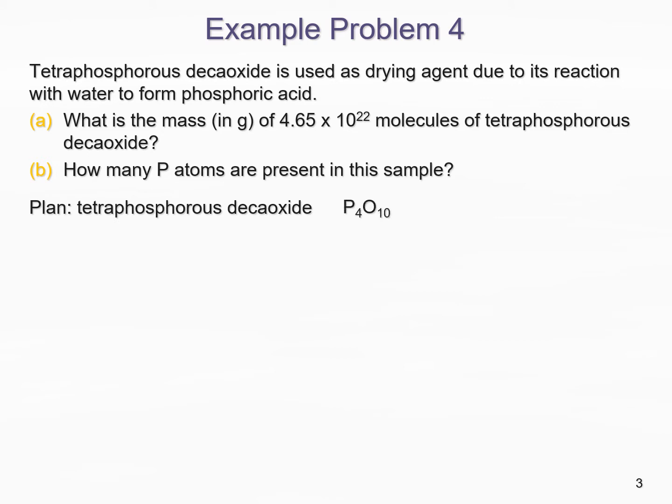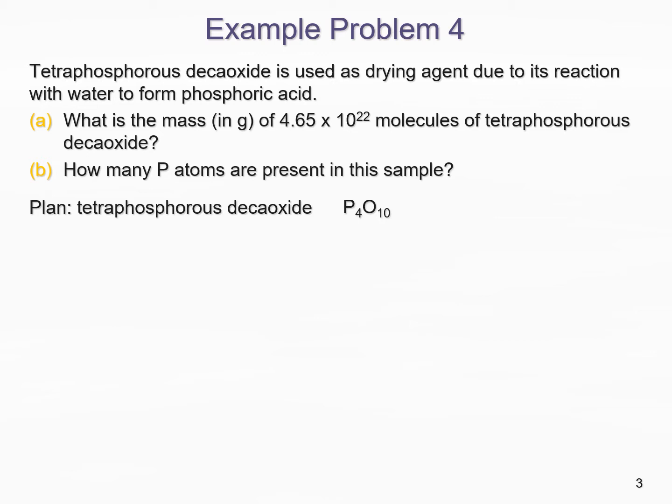Now let's look at a question. The question says tetraphosphorus decoxide is used as a drying agent due to its reaction with water to form phosphoric acid. Now we're asking what is the mass in grams for this amount of molecules of tetraphosphorus decoxide.